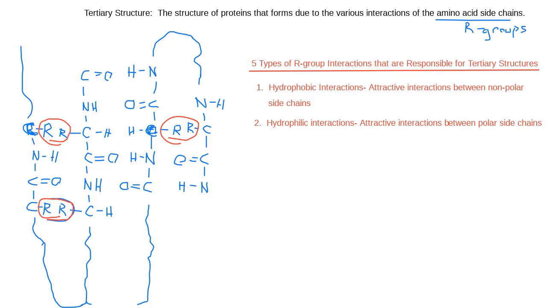And what this causes polar side chains to do is try to migrate to the outside of the protein structure. That allows them to interact with the fluid on the outside, with the aqueous medium.